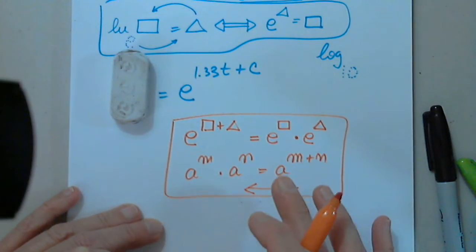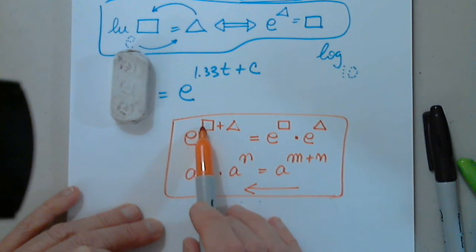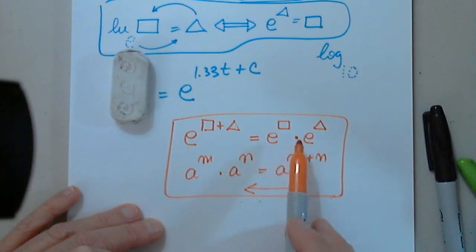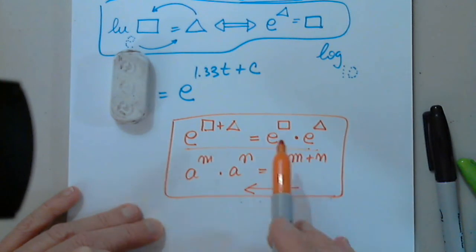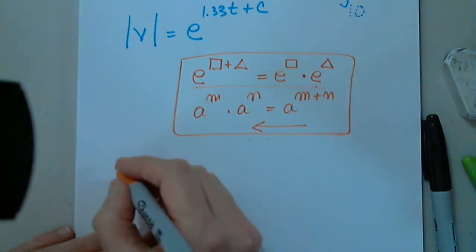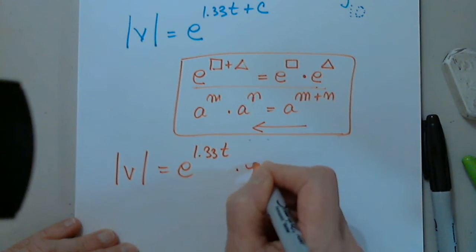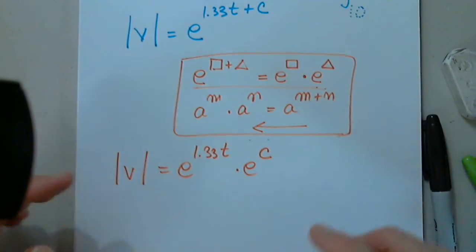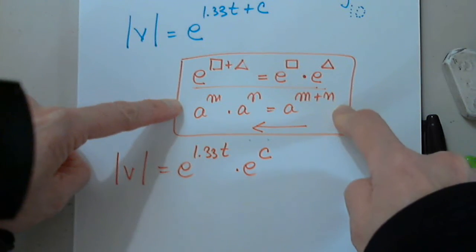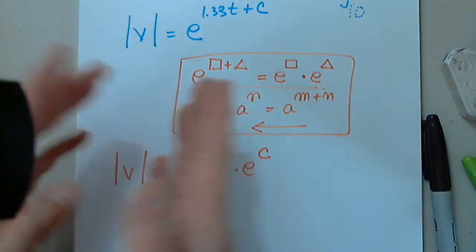This is another crucial step. So I will separate that into e to 1.33t times e to c. Again, this is another crucial step in solving. So I continue. The absolute value of v is e to 1.33t times e to c. When you say I understand this step, using this property, the product rule, when both bases are the same, I can add the exponents, but I can also go back.